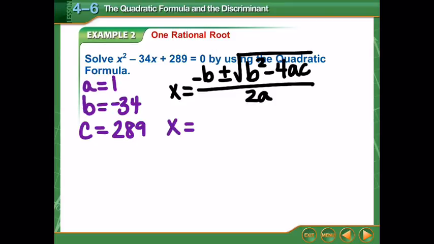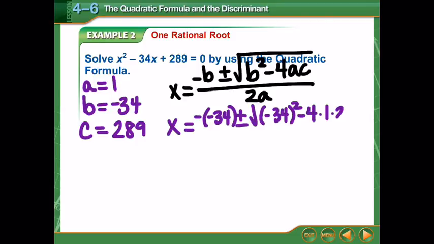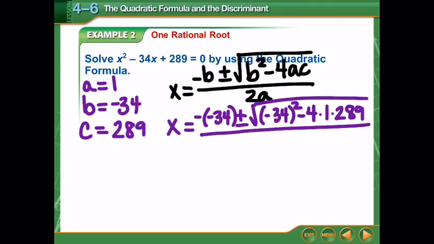So x is equal to a negative 34 plus or minus the square root of negative 34 squared minus 4 times a times c. So that's 1 times 289. Make sure you extend your radical all the way across. Everything is divided by 2a, which is 2 times 1.